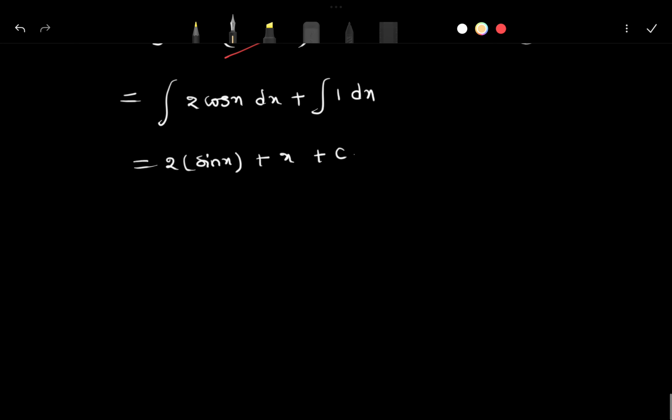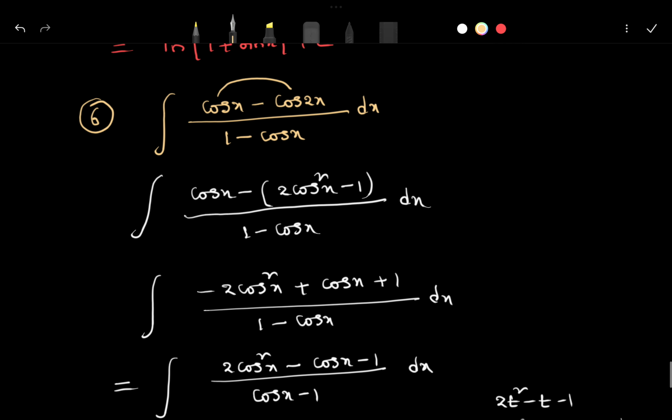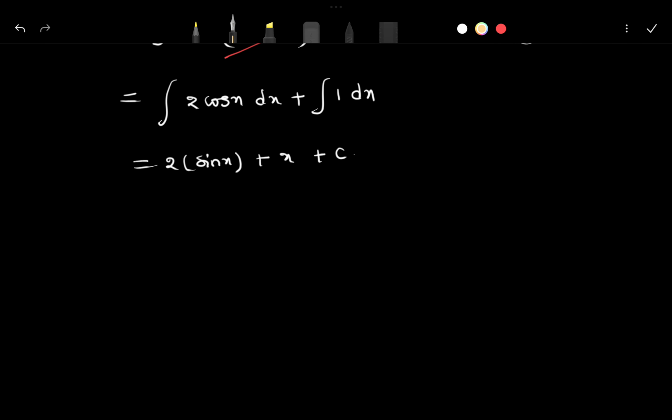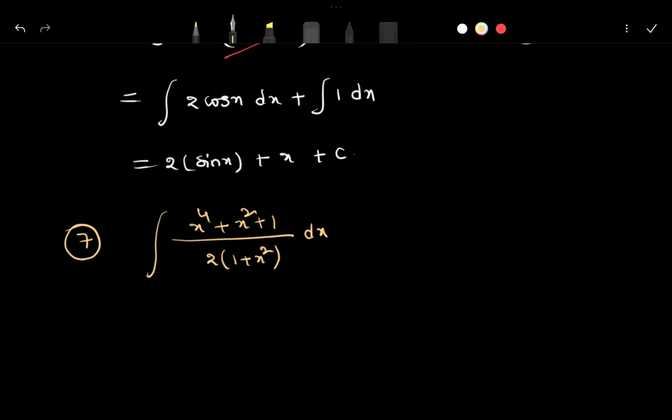See, the last question was the sixth question, and next you see question number 7. These are algebraic expressions. Integration of x to the power of 4 plus x square plus 1 whole divided by 2 into 1 plus x square into dx. Now how to do that integration?